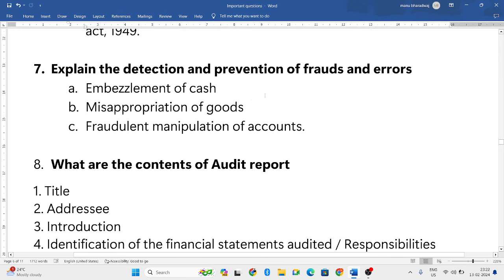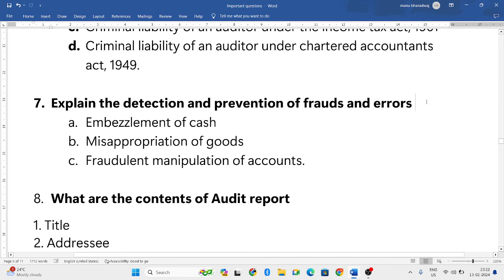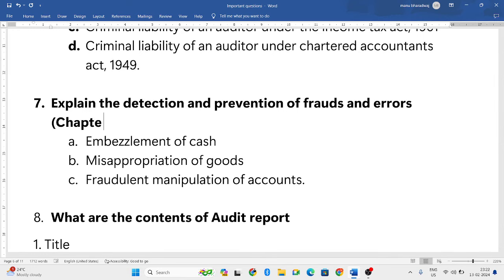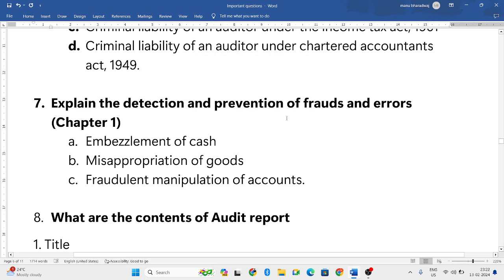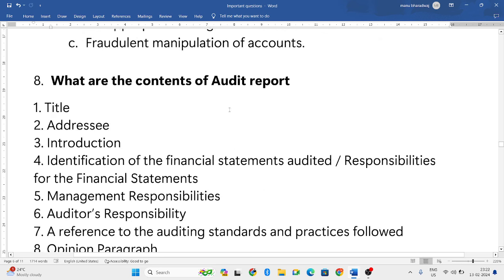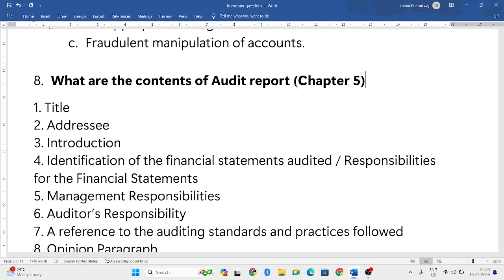Next, explain the detection and prevention of frauds and errors. This is from chapter 1. There are 3 types of detection of frauds and errors. I have explained in my part 1, chapter 1 videos. You can go through that. Next, what are the contents of audit report? This is from chapter number 5.